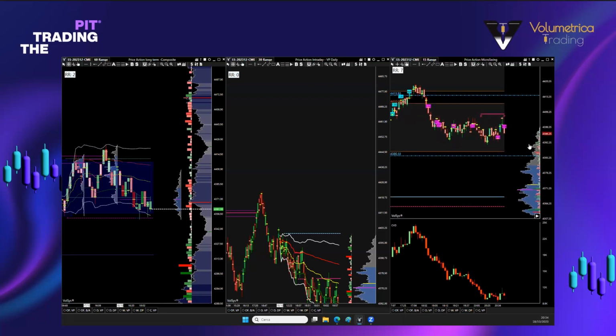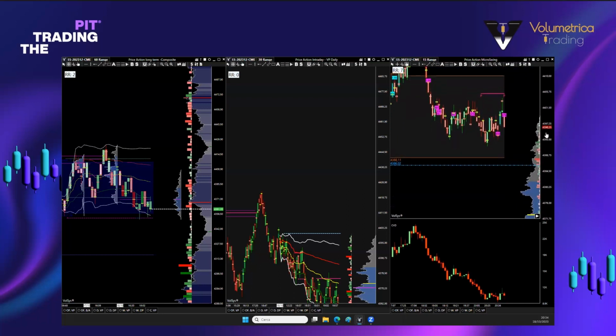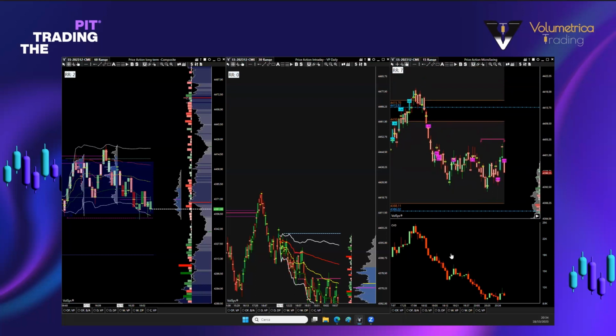So let's compare this situation of price action with cumulative volume delta. We have this low, which corresponds to this low by cumulative volume delta. That means that when price made this low here, the cumulative delta for the day was plus 13K.